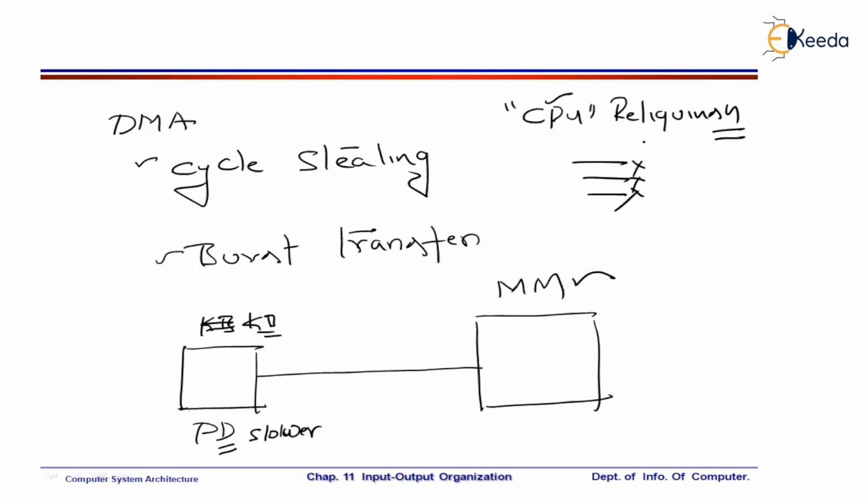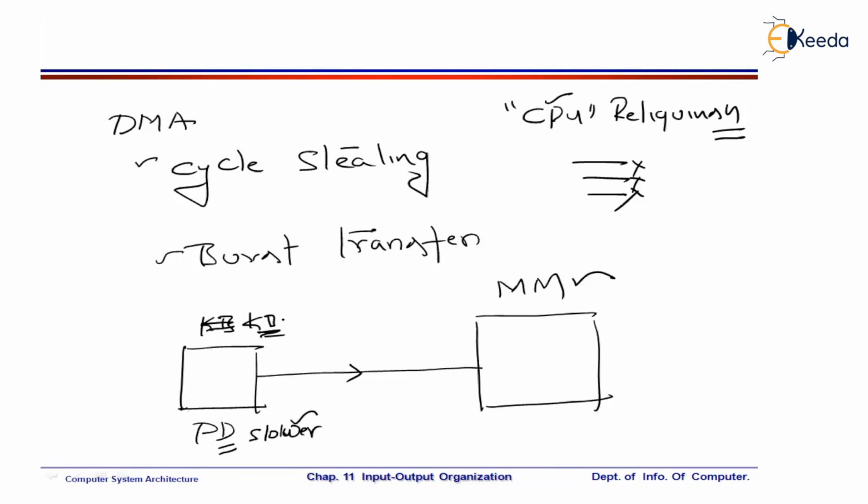Why is the CPU releasing the bus system? Because the CPU is given a guarantee that this bus system will be used productively by the peripheral devices. But a slower device such as a keyboard is not capable of using the bus system to its potential.